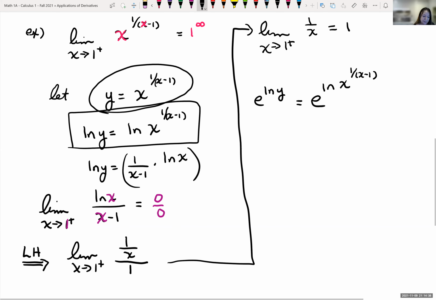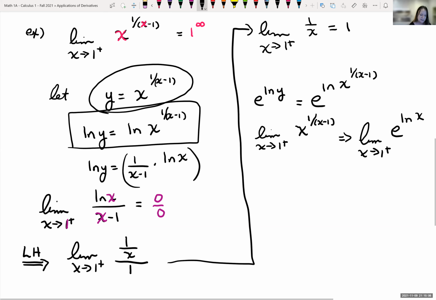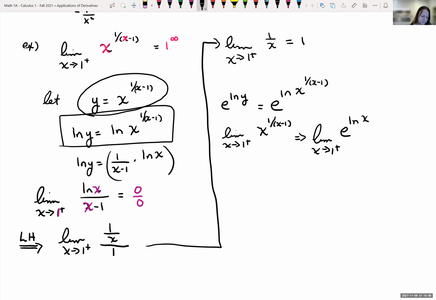So when we looked at the limit of our function, x raised to the 1 over x minus 1 power, this is the same thing as the limit as x approaches 1 of e to the natural log of x raised to the 1 divided by x minus 1 power.